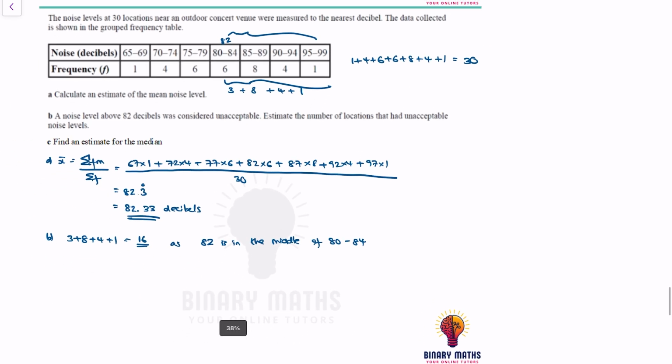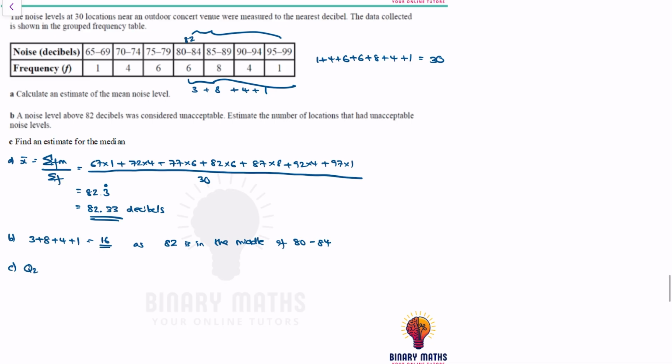Find an estimate for the median. C is Q2, which is half of N, half of 30, which is the 15th value. 1 plus 4 is 5, 5 plus 6 is 11, and 11 plus 6 is 17. So the class interval it falls under is this one. The lower bound is 79.5 and the upper bound is 84.5. 15 is between 11 and 17.